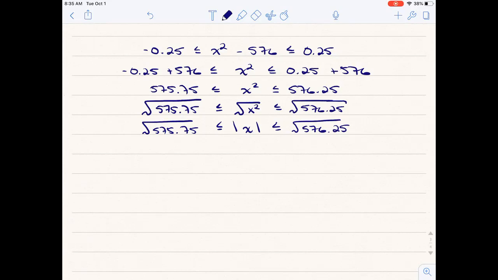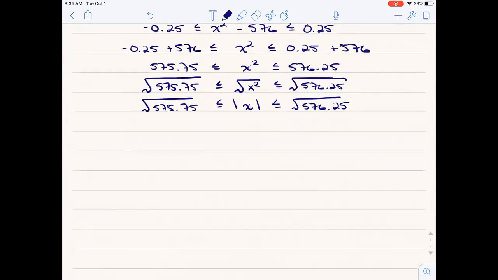Because we're looking at the square with roughly 24 inches on each side. And so we can apply that knowledge about x: x must be positive.